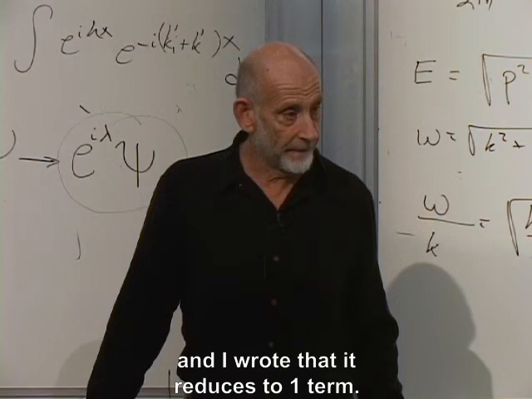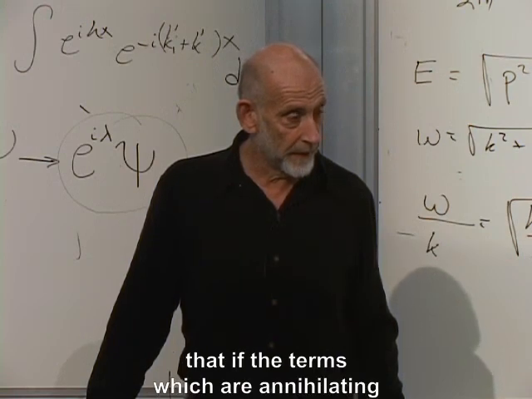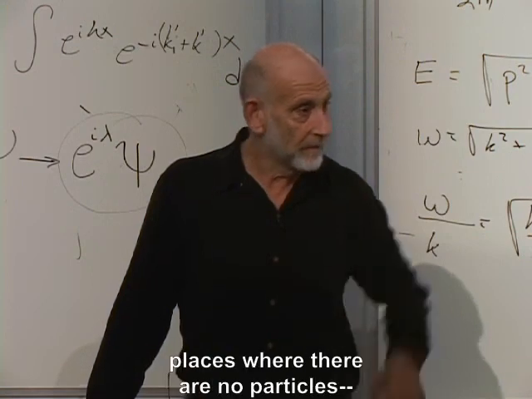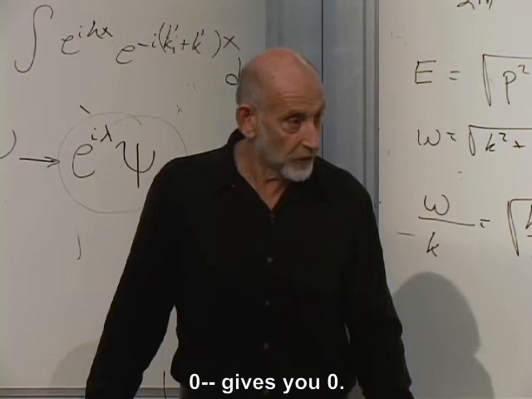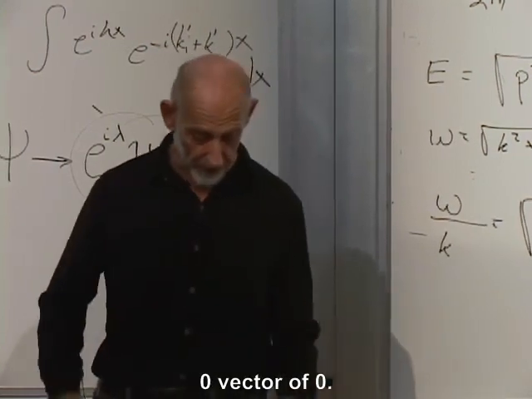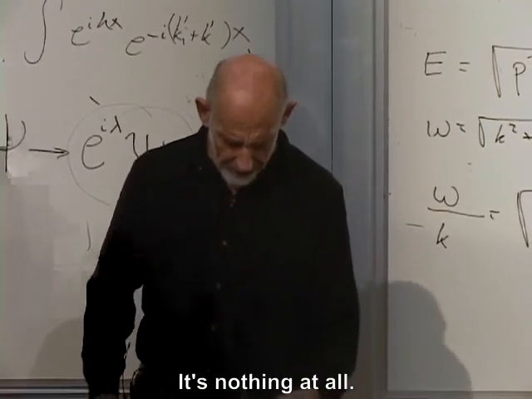I wanted to ask whether that means that the terms which are annihilating places where there are no particles just don't contribute, that gives you the zero vector? Yeah, zero vector. It's nothing at all.